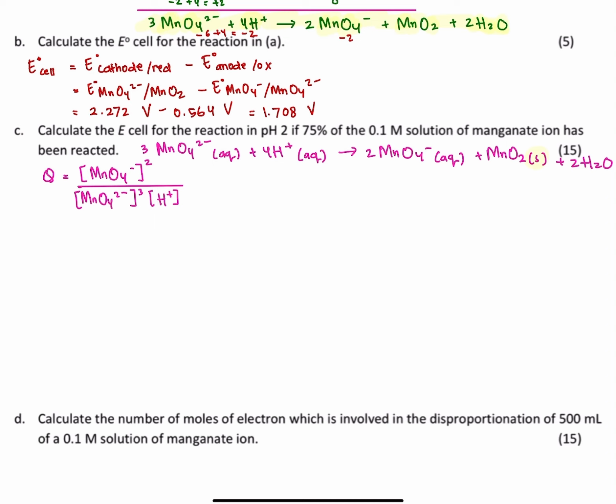Oh, sorry, 4. Okay. So here we have pH 2. So in that case, pH 2 means that the concentration of H plus is 10 to the power of minus 2 molar. And then we have information that 75% of the 0.1 molar solution of manganese ion has been reacted.